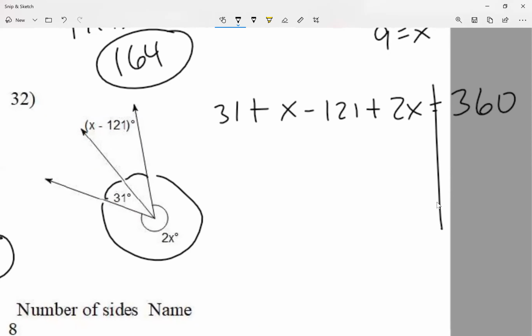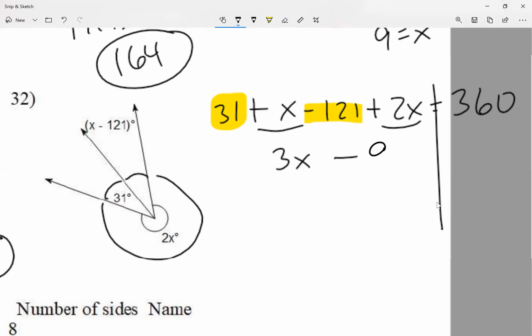Let me separate my sides to the equal sign. When it comes to letters, I have 1x plus 2x. That's 3x. When it comes to numbers without a letter, I see 31 minus 121. 31 minus 121 is equal to negative 90. And this is equal to 360.